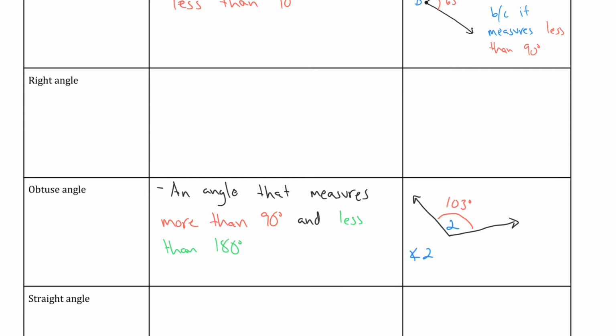So finishing up this sentence, angle 2 is an obtuse angle because it measures more than 90 degrees and less than 180 degrees.